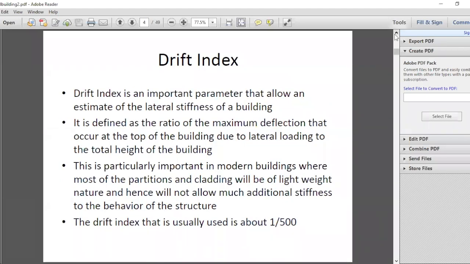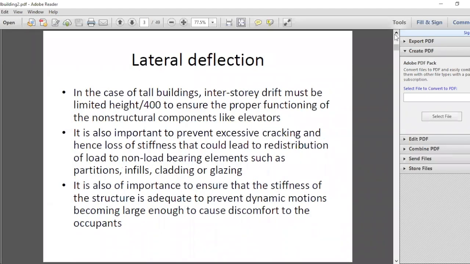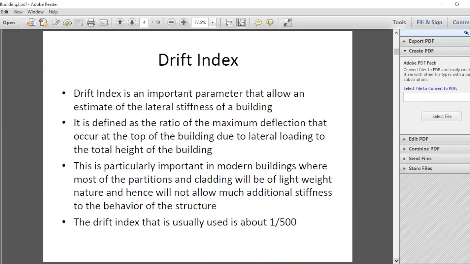Then in addition to the interstory drift, we can get another definition which is called drift index. So drift index is an important parameter that allows an estimate of the lateral stiffness of the building.